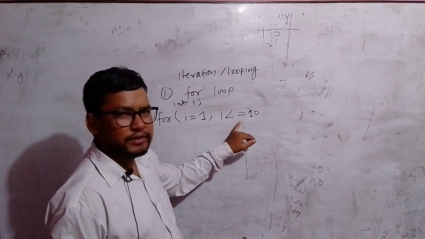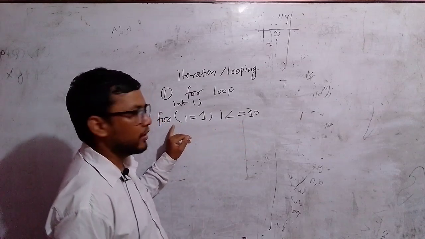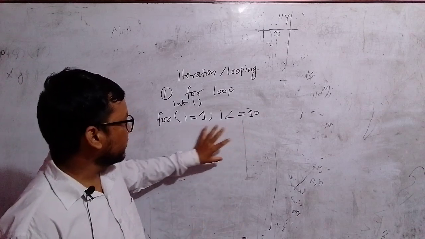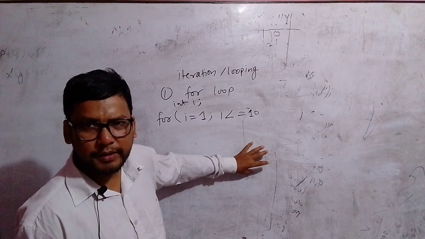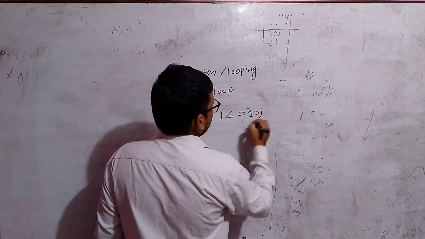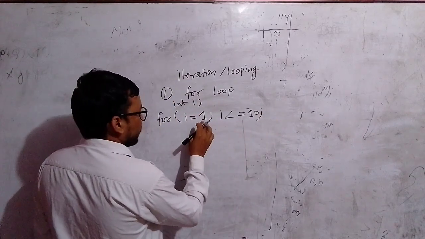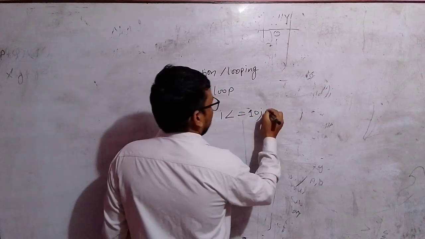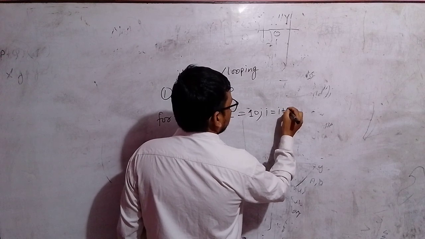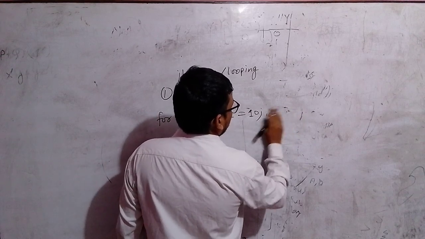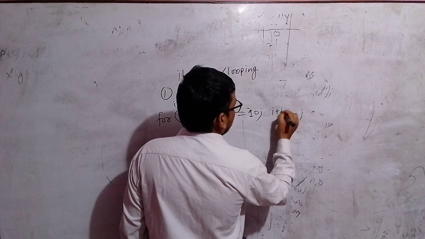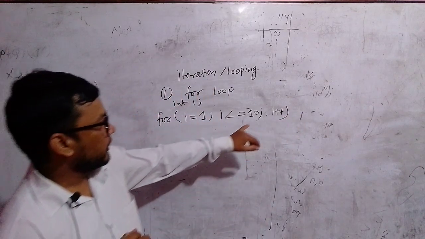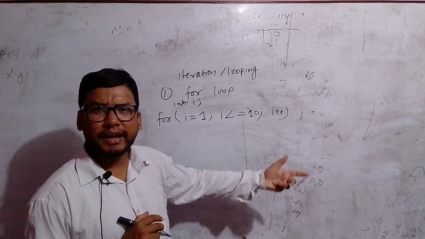That means if this condition is not satisfied, then this for loop will terminate. Otherwise, if the condition is satisfied, then it executes its block repeatedly. And then the increment or decrement: I have the value 1 and we need to reach 10, so we need to increase it. I equal to I plus 1, or simply we can write I plus plus. Plus plus means increment.